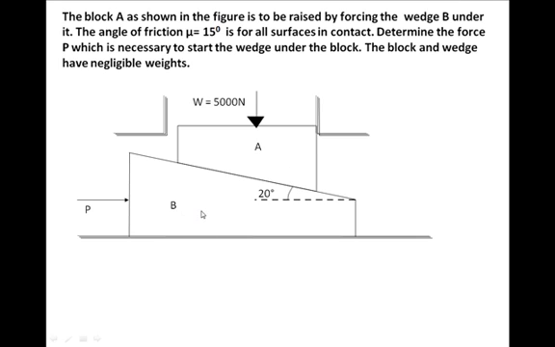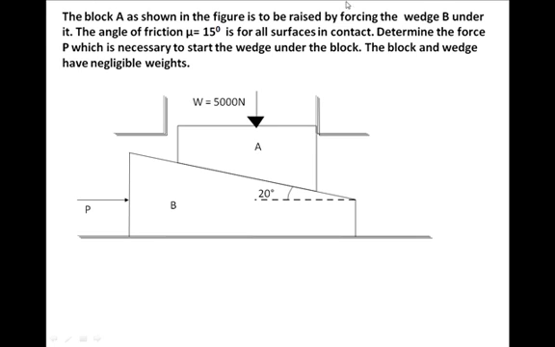For demonstration purposes, we have exaggerated this slope to 20 degrees to explain the principle, but this slope can be as little as 5 or 7 degrees. As you drive this wedge under it, A moves up, and it's much easier to move the weight up rather than directly making arrangements for lifting. That's the practical application.